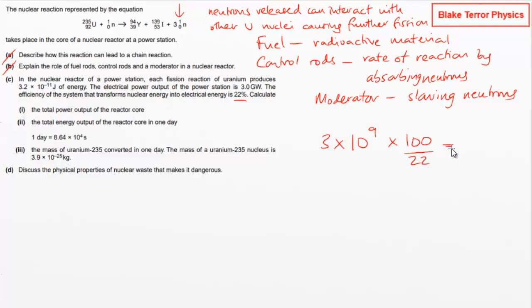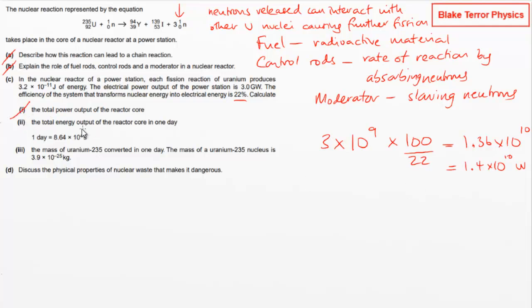So tapping that into the calculator, 1.36 times 10 to the 10. So 1.4 times 10 to the 10 watts, or 14 gigawatts.